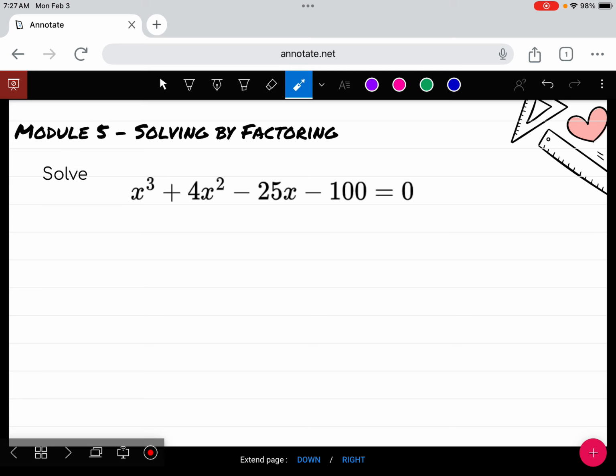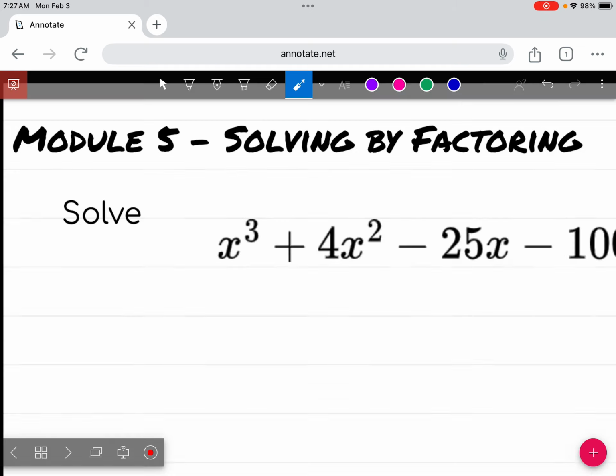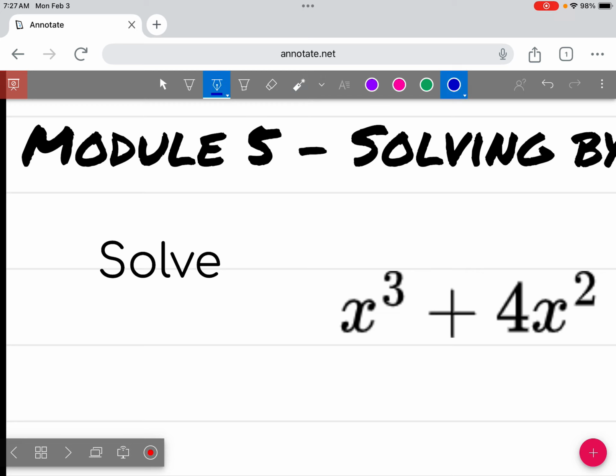So this is going to be the first one we work with. I'm giving you a whole standard form polynomial, and the instructions say solve. When the instructions say solve, what that means is we need you to get all the way down to a solution, a root, a zero, an x-intercept.